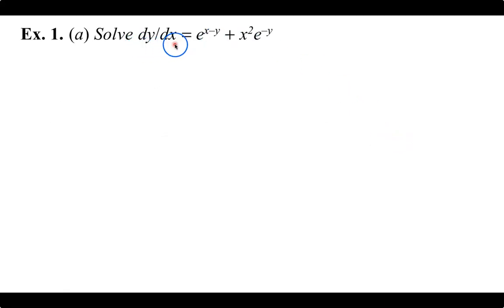Solve dy by dx equal to e raised to x minus y plus x square into e raised to minus y. It is easy to observe that in this case the RHS can be expressed in the form e raised to x into e raised to minus y plus x square into e raised to minus y, from where we can take e raised to minus y as a common factor.